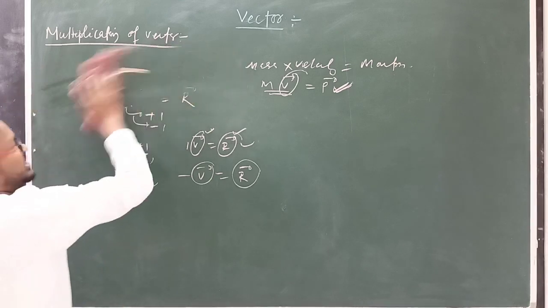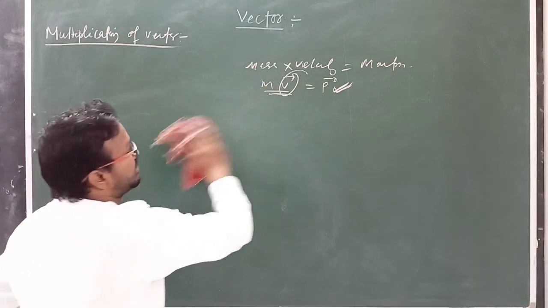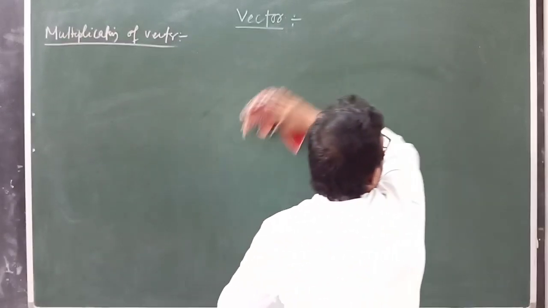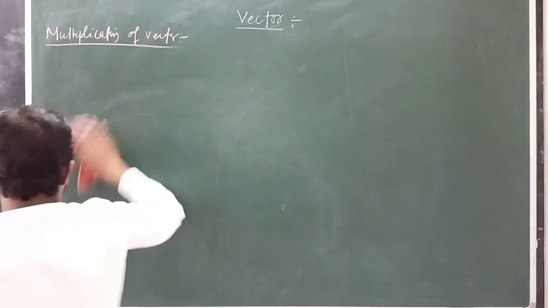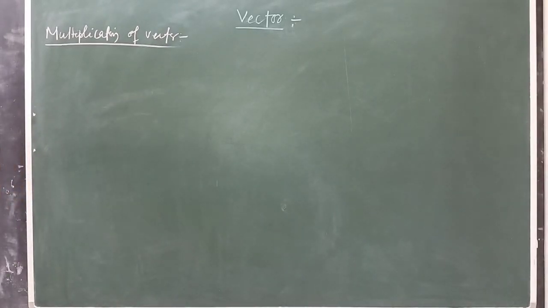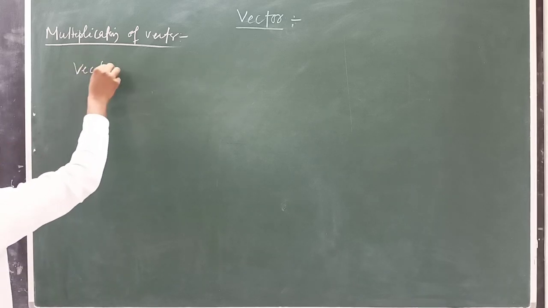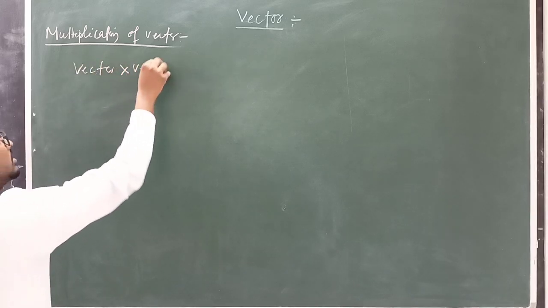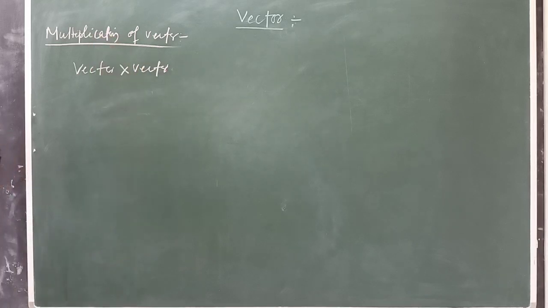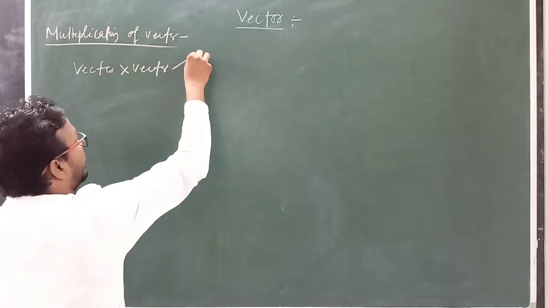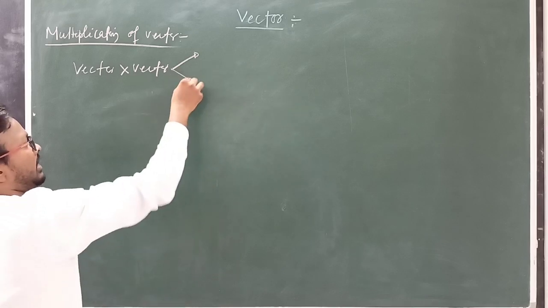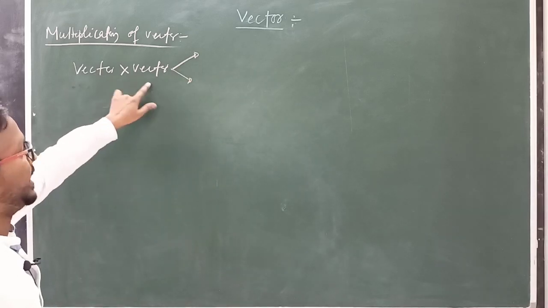Now we will start the product or multiplication of two vectors. So you have to remember this concept, means here we have to multiply vector into vector. Clear? And there are two types of vector into vector product.